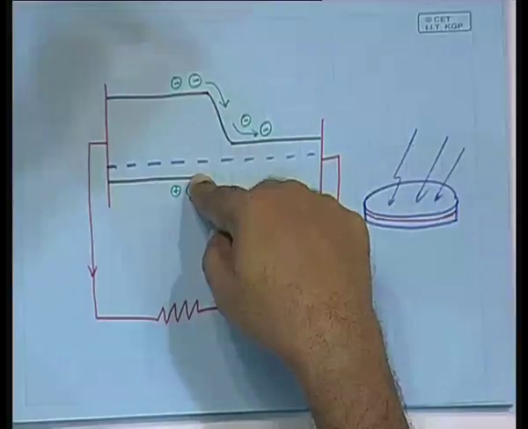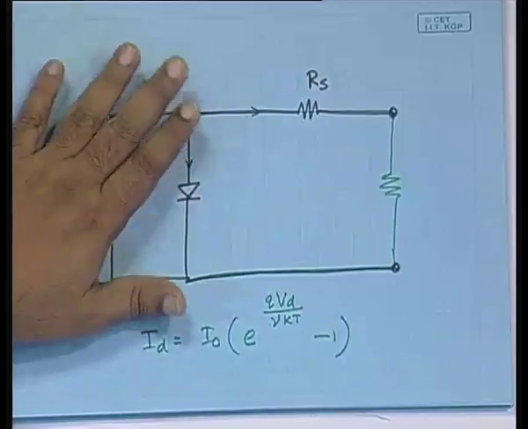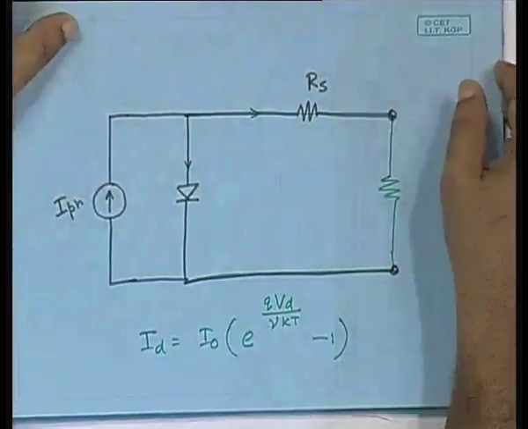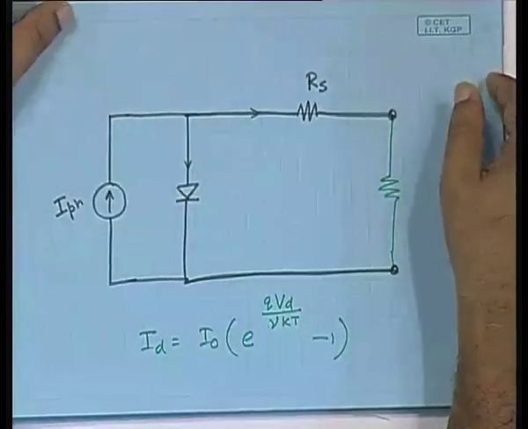Now, that recombination somehow has to be taken into account, because the photocurrent that was produced accounted for the whole amount of electron hole pair generation. But out of that, if a part recombines before going to the load, then that has to be taken into account inside the model of the photovoltaic cell. Okay. So, where will that be?